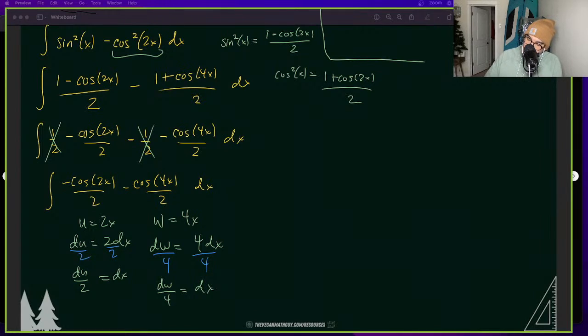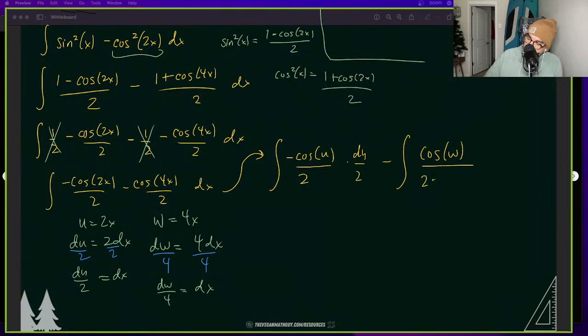Awesome. All right, guys. So now what do we have? Let's go ahead and rewrite our integrals here. So I have the integral of negative cosine of u over 2 times du over 2. Don't worry, we'll fix everything up in a bit. Minus the integral of cosine of w over 2 times dw over 4.